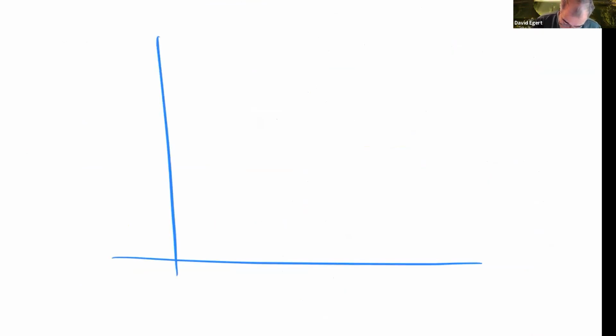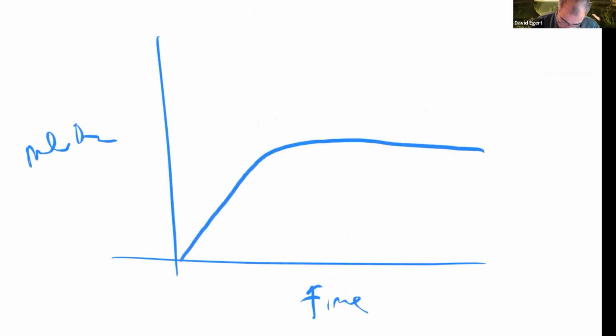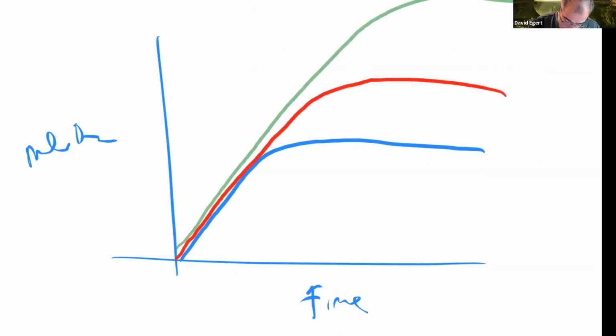Again, it would be like if this was time versus moles of oxygen, here I'm going at a certain rate defined by the slope, making a certain amount of oxygen.